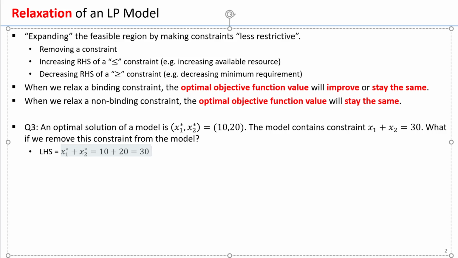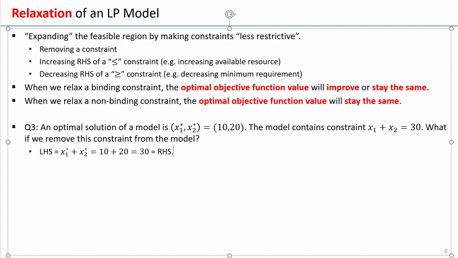And of course, this is equal to the right-hand side. That shouldn't be a surprise, obviously, because this constraint has to be binding. An equality constraint has to be binding, the only exception being if it is redundant. If there are other constraints that actually imply this, then it doesn't have to be binding. It could be removed from the model and it would still be satisfied. But otherwise, these kinds of constraints are always binding.